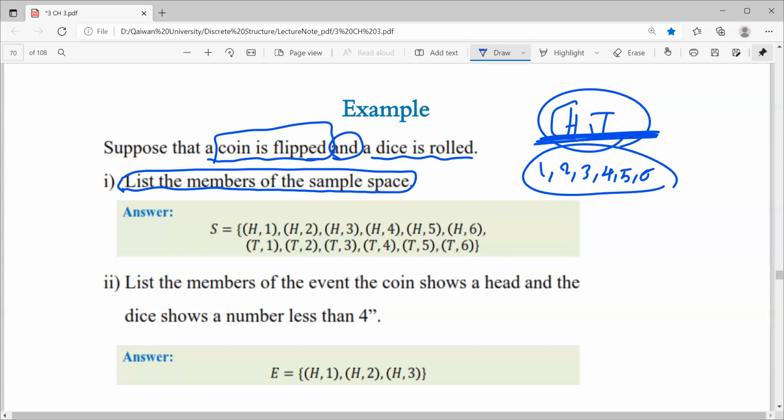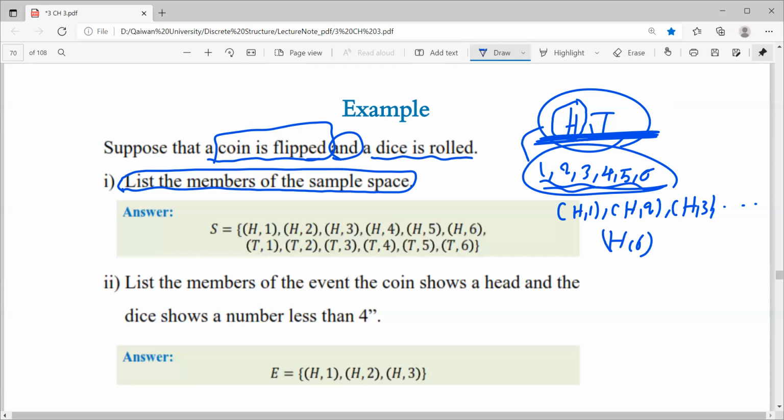If we get head, that means it's either head with 1, head with 2, head with 3, up to head with 6.